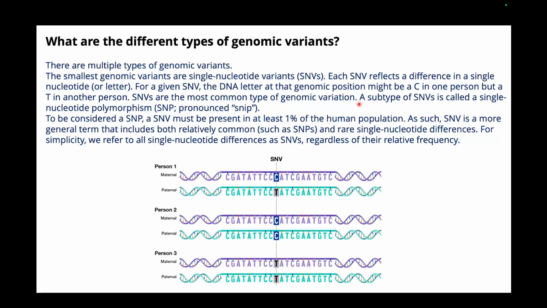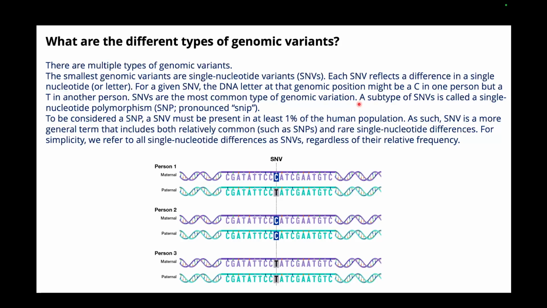One thing to remember is that this reference genome is a standardized genome, but it is a standardized European genome. It's not an Indian genome or an African genome or a genome from any other continent of the world.